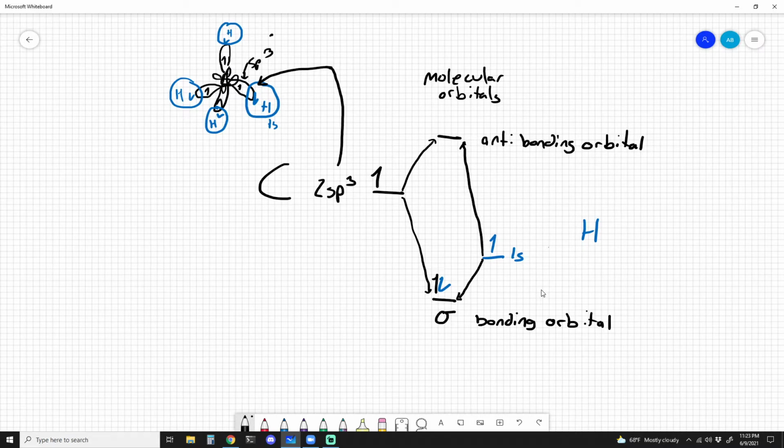And so ideally, if you have one electron from each orbital, they will combine to form one bonding orbital and one anti-bonding orbital, and that's the whole of your new molecular orbitals, right?